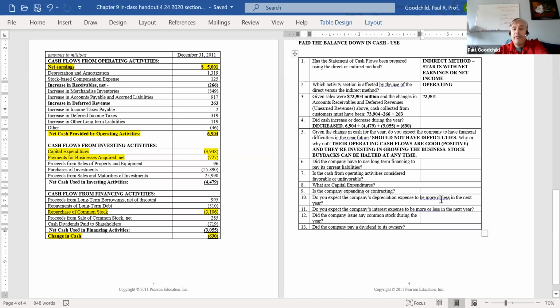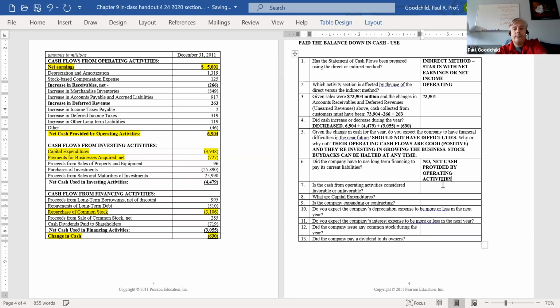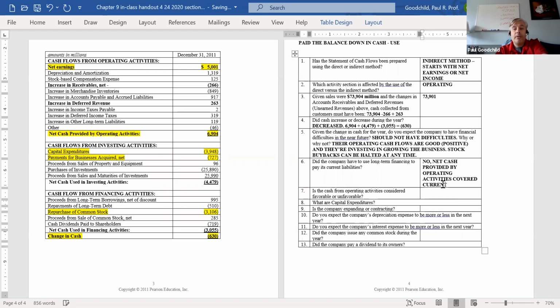Did the company have to use long-term financing to pay its current liabilities? The answer is no. Net cash provided by operating activities covered current liabilities.